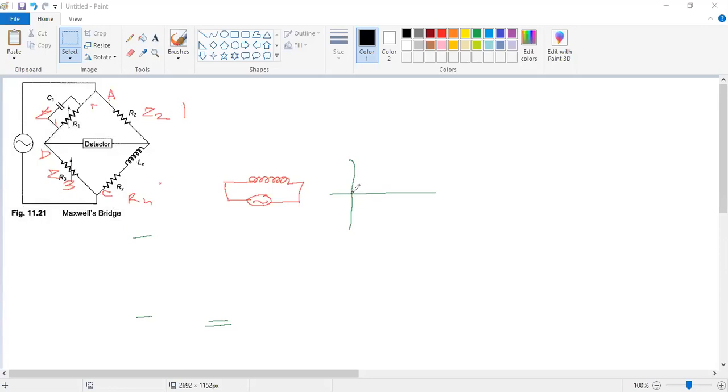This is V, and as it is inductance, it means lagging, so it will start just like this.